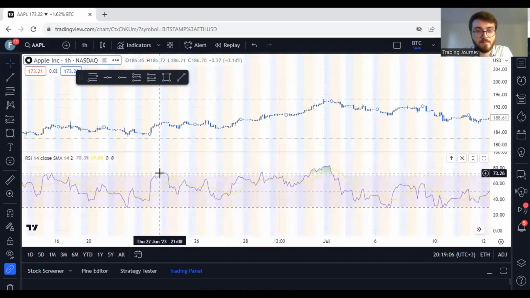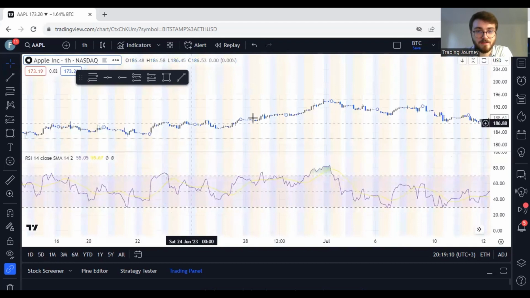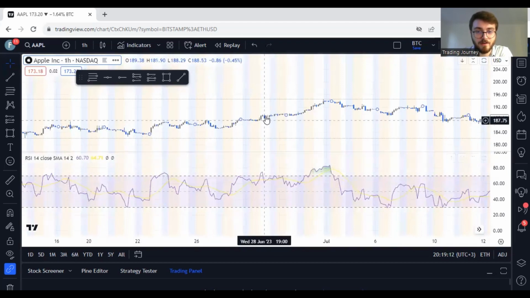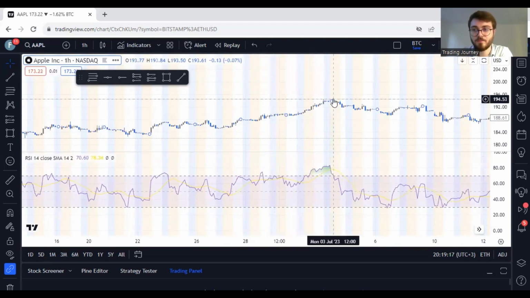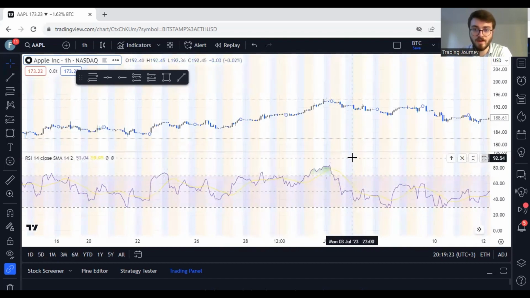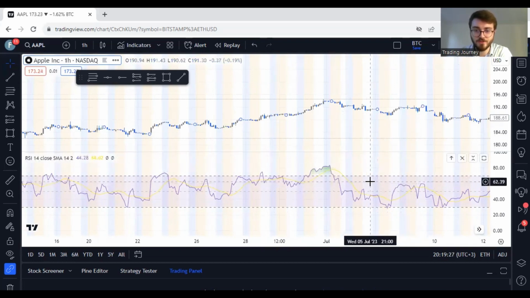We have the example here with this spike above the 70, and it just keeps going up. Another spike here, it's not the reversal yet, so it just keeps going up. And especially if you trade crypto, the market usually stays very long in the overbought area and just keeps going up. So that's something to pay attention to.